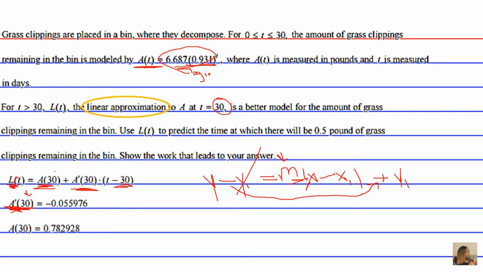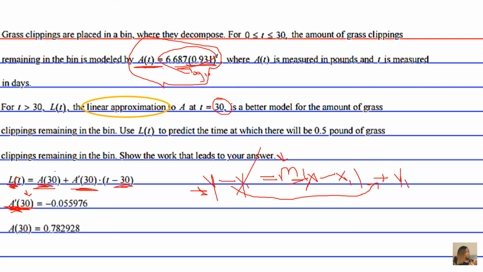Okay, so we found our slope, and now we found A of 30, and we didn't get A of 30 from the point-slope formula. We got it from this equation up here, by making 30 our t, our exponent.